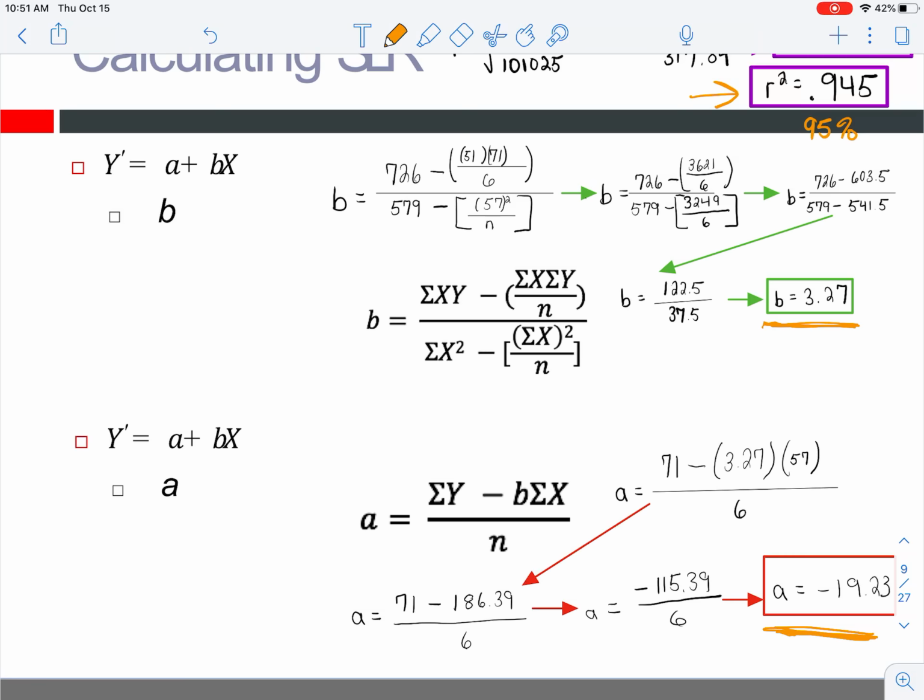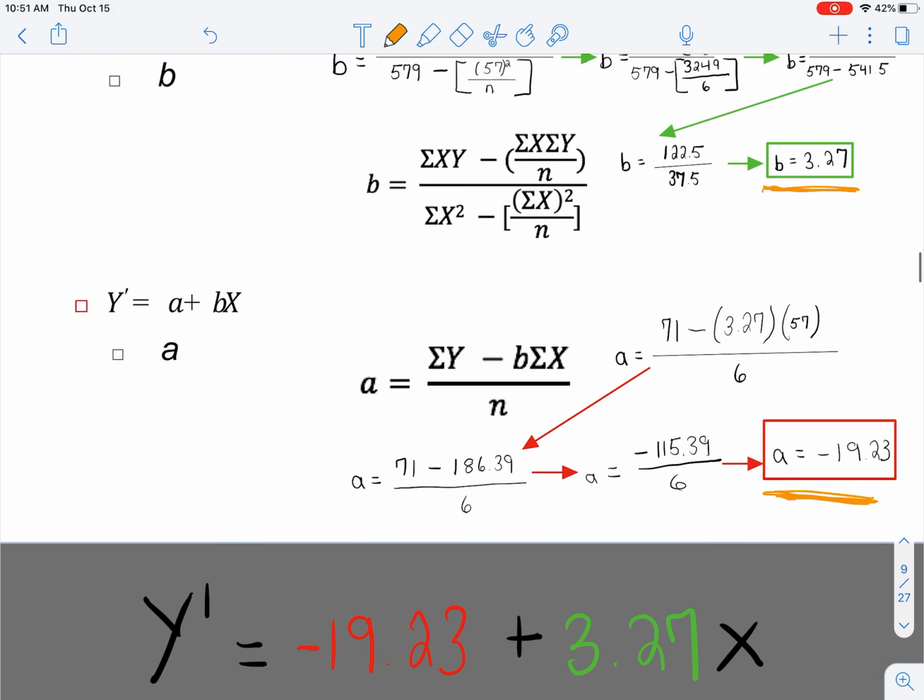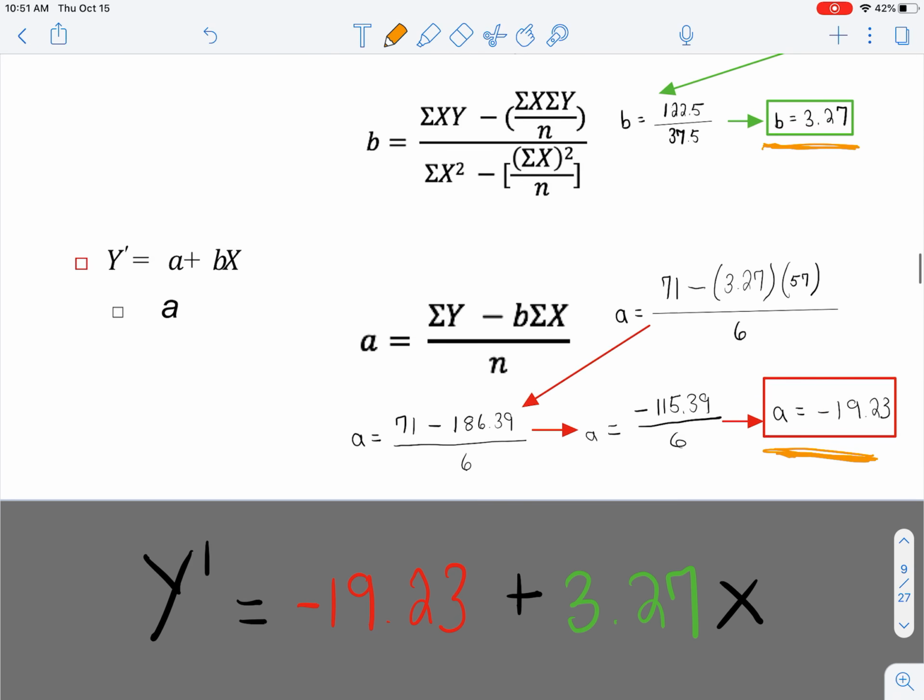And I can go ahead and plug that in to my regression equation. And so any new x I can come up with, I can plug it into the equation and estimate what my y would be based on the information given in my old data set. So there are two purposes of regression: to explain and to predict.